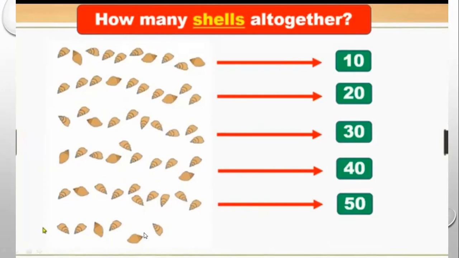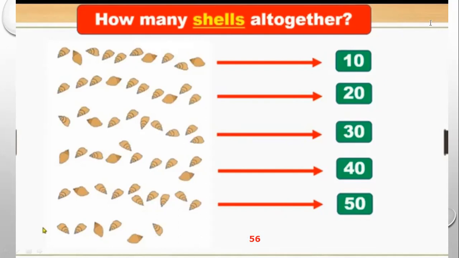After 50, we are going to count them as ones. 1, 2, 3, 4, 5, 6. So you have to make sure that these are tens and then it will be ones. If there are fewer objects, you can count them in ones, separately.